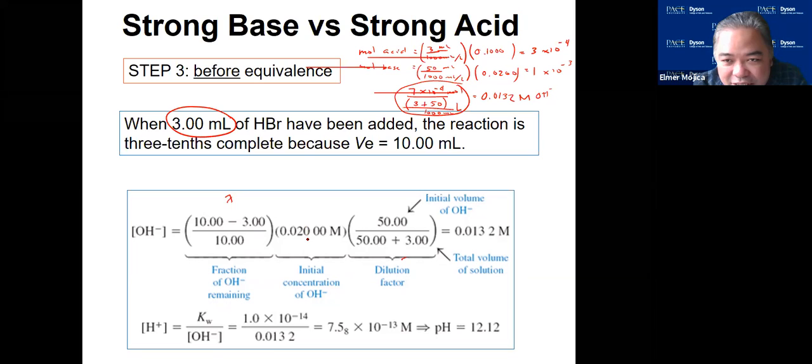And then we multiply it with the molarity of our base, and then multiply it with the volume of the base over the total volume. And look what we get: 0.0132. So convince yourself that you can do it this way or this one.